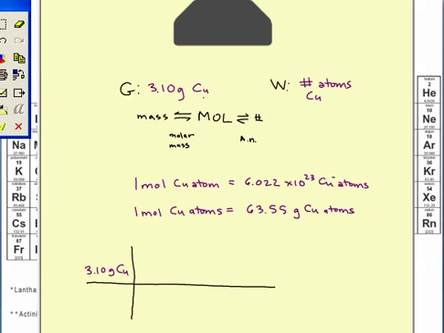Okay, so I always start out with my given, 3.10 grams of copper. So grams of copper need to go down here. And 63.55 grams of copper, and then 1 mole of copper. So my grams of copper cancel out. I have moles of copper here, so I have to have moles of copper down here.